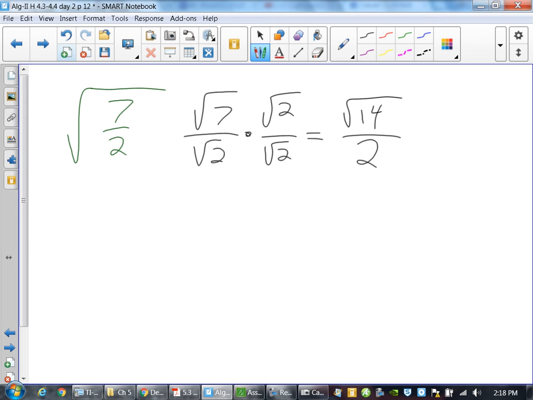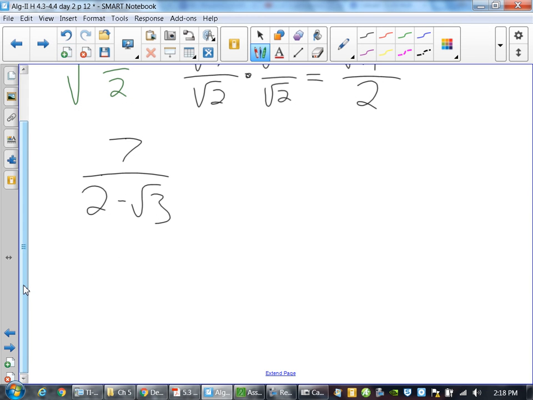Yep. It works the same way if you had to rationalize, let's say, 7 over 2 minus the square root of 3. Think about what we did yesterday. What did we multiply by? The opposite sign. Yeah, you multiply by the conjugate. It's the same exact process. 2 plus root 3, 2 plus root 3.